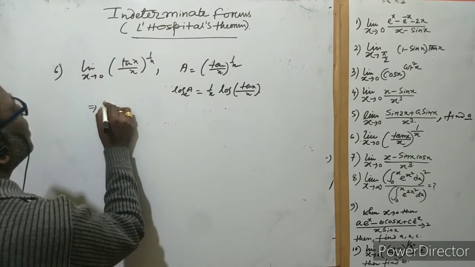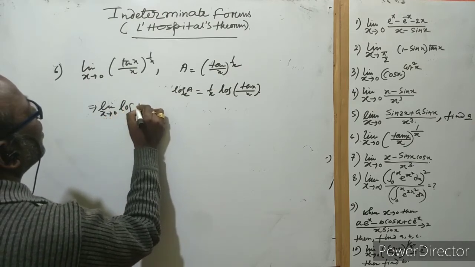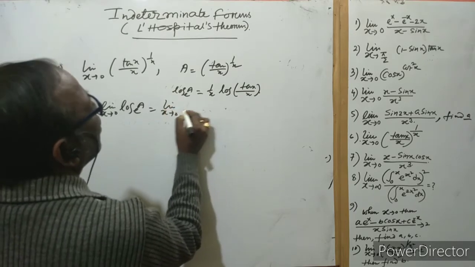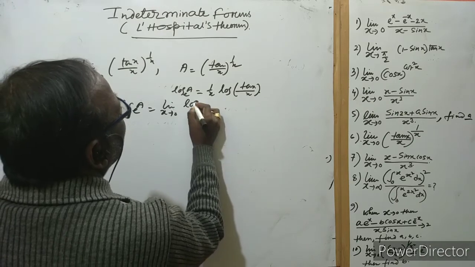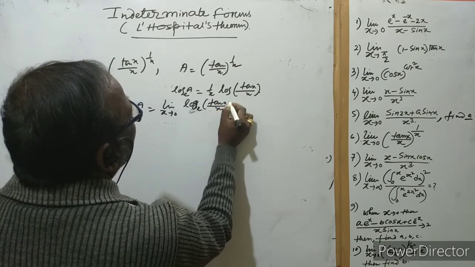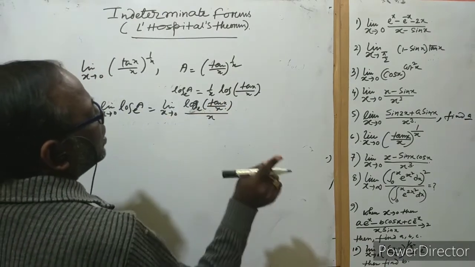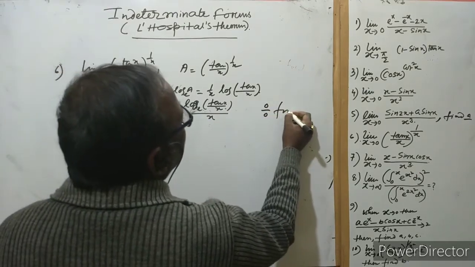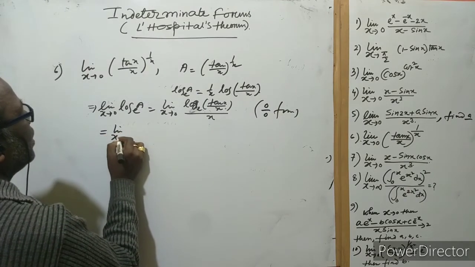So take the limit on both sides. If x tends to 0, tan x by x is 1. So log 1 is 0. Again this is 0 by 0 form.